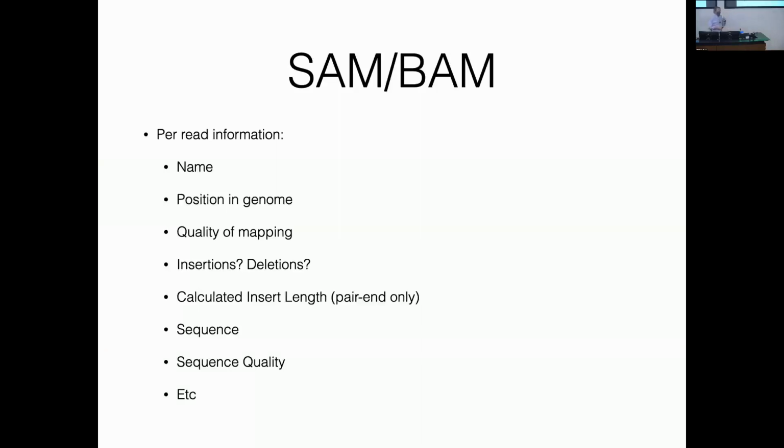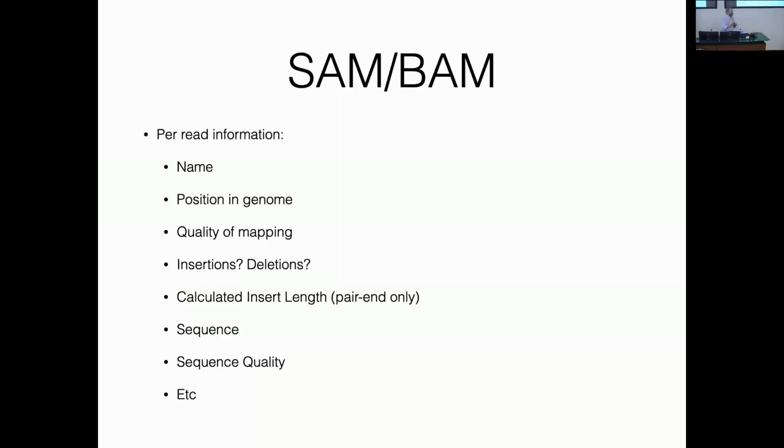The information that's contained in a SAM file, actually, I should say what's in the SAM file depends somewhat on the software that generated it. So often, a SAM file will contain all the information that was in the original FASTQ file plus some additional information. So it'll have the header from the FASTQ file.